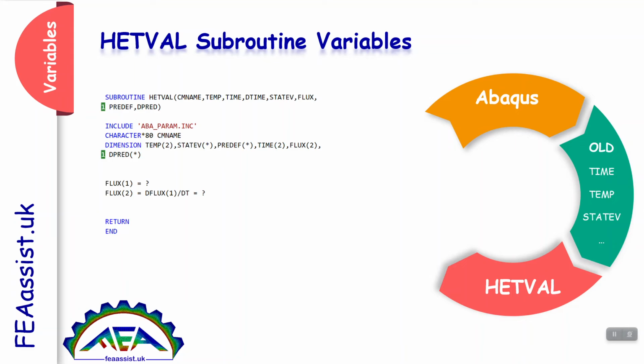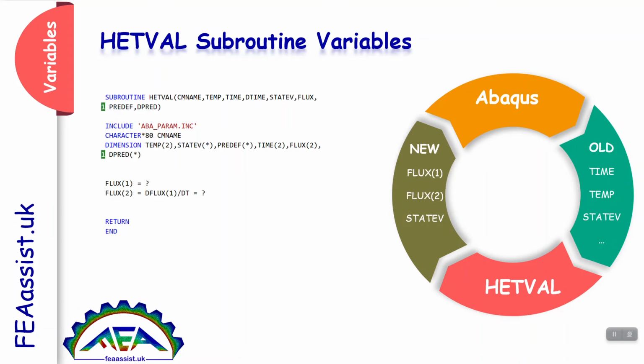You need to get these parameters into the HETVAL subroutine, do some calculations based on your model and your formula, compute the flux, the amount of heat that is going to be generated in the material, flux 2, which is the derivative of flux 1 with respect to temperature, and update the state variable if you have one, and return these variables back to Abaqus.